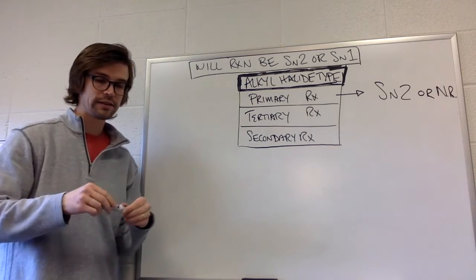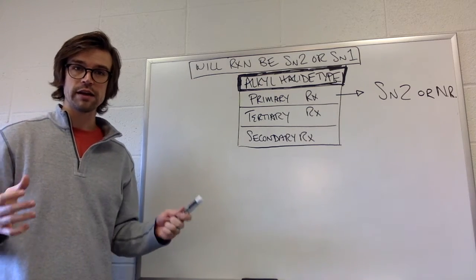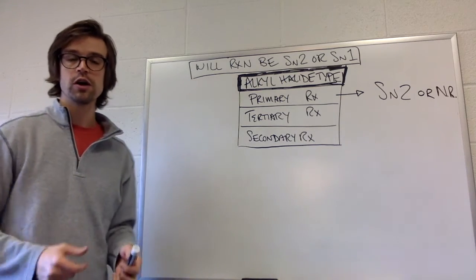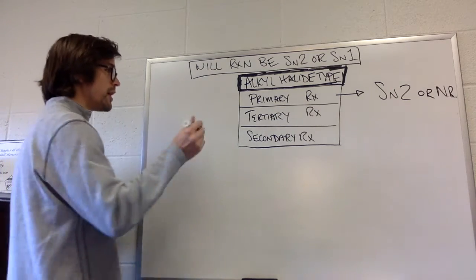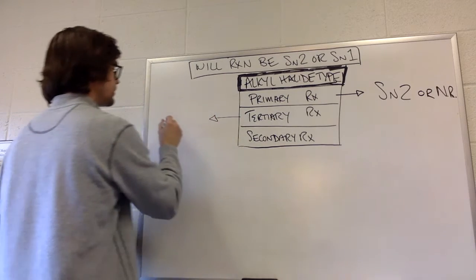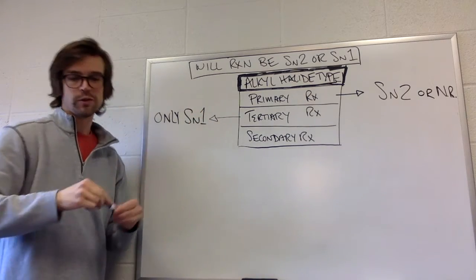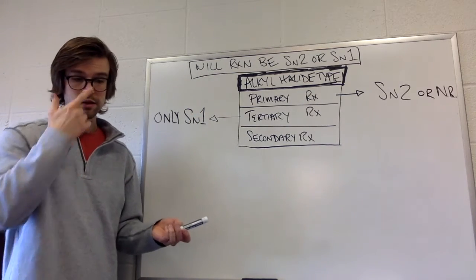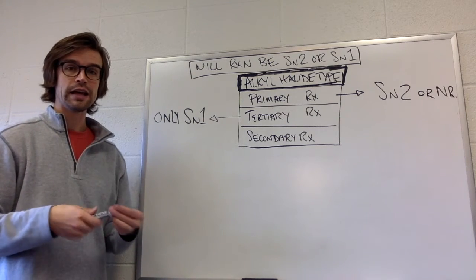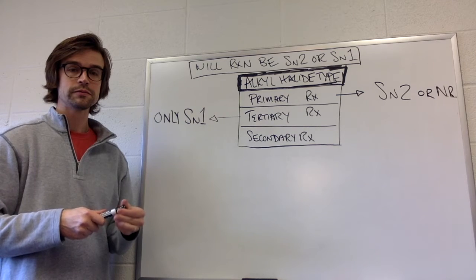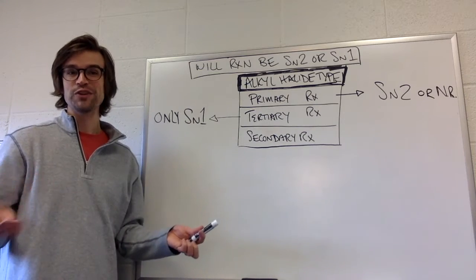Tertiary alkyl halides are so sterically hindered, right? They have all those big carbon groups around that sigma star orbital. The nucleophile can't get to that sigma star orbital, so they can only do SN1 reactions. Only SN1. They're too sterically hindered for SN2, so if it's between SN1 and SN2, they can only do SN1.